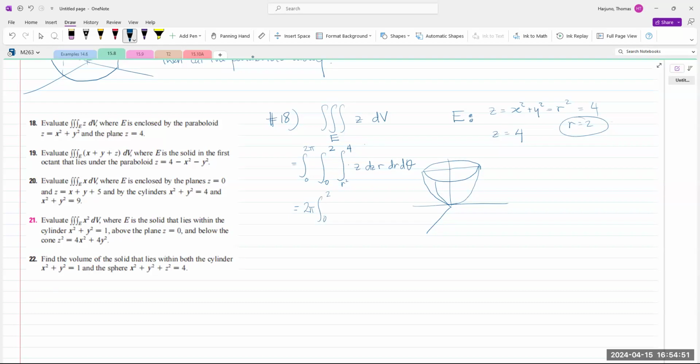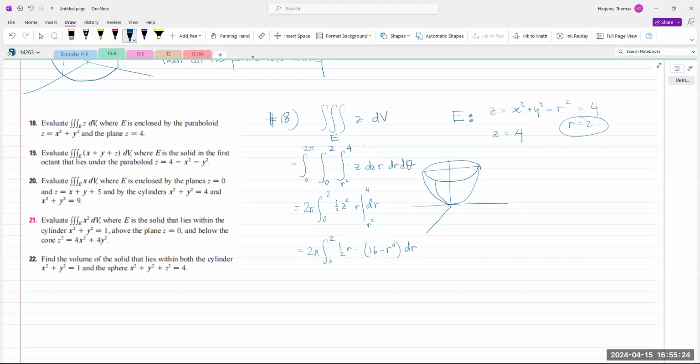And then when I integrate with respect to z, that will be 1/2 z squared r dr from r squared to 4. So that will be 16 minus r to the 4th dr.